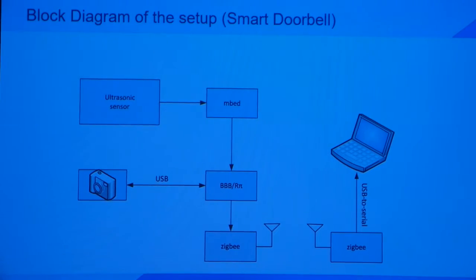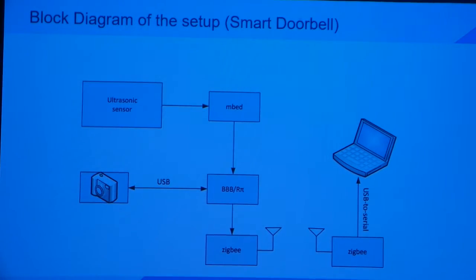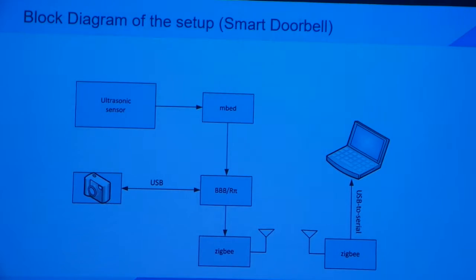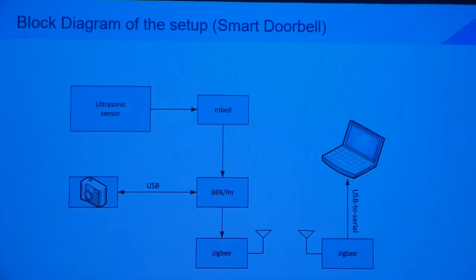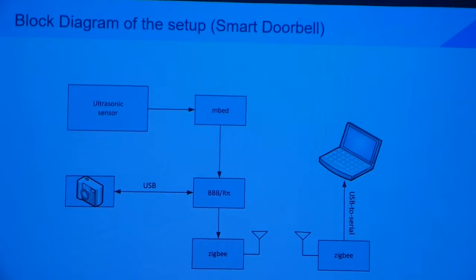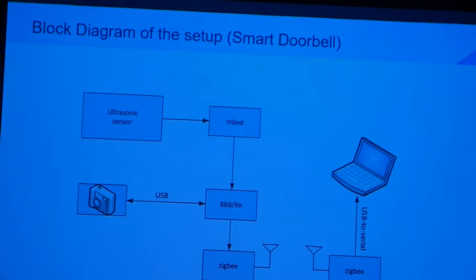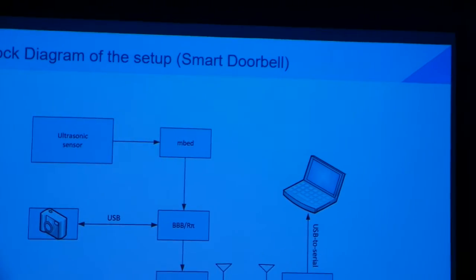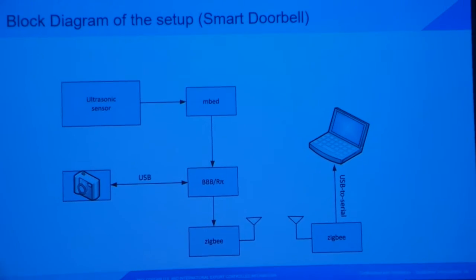We have the ultrasonic sensor acting as a radar to detect proximity. When something gets very close, within about 40 centimeters, the radar detects it and then sends over a serial connection a signal to the embedded microcontroller, and the microcontroller sends it to Python on the BeagleBone Black.